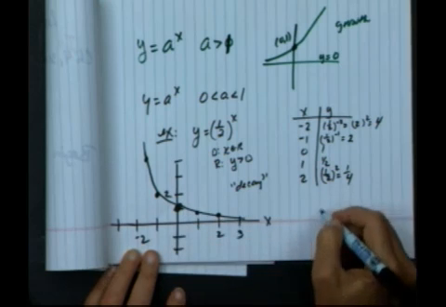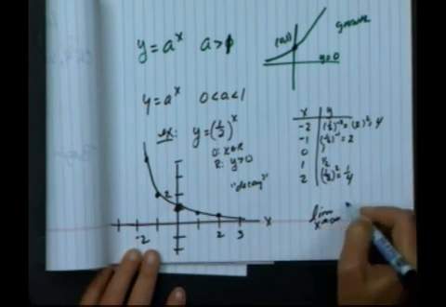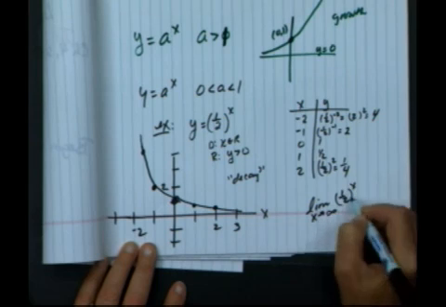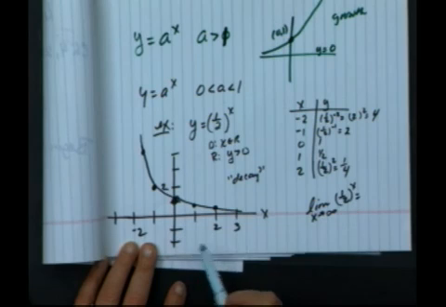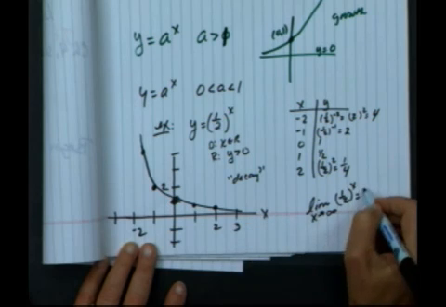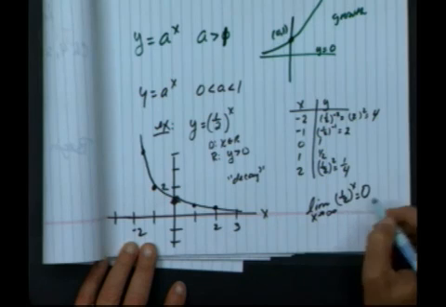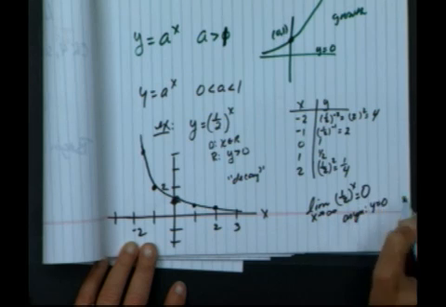All right. What is the limit as x approaches infinity of 1/2 to the x? As x gets really big, where's this thing going? It's going towards 0. That immediately tells you an asymptote. What is the asymptote? y equal to 0.